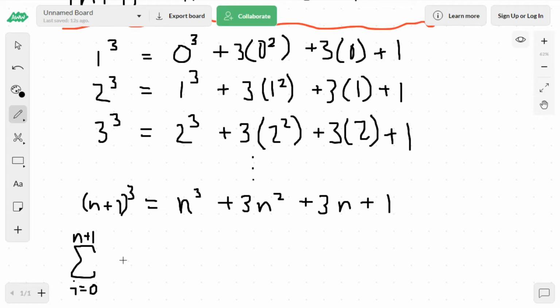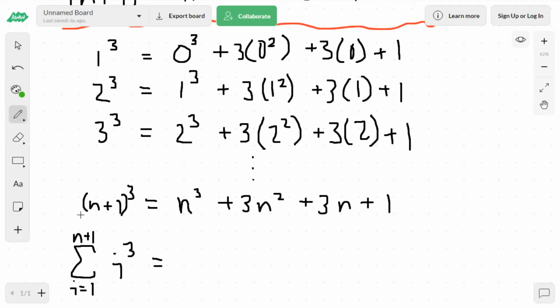Okay, so we'll have i cubed. Basically that's what we're looking at, right? i goes from 0, or more like 1, I guess. I would feel better about using 1 for this one. Oh, there's the eraser. We're going to need a smaller one. Okay. So i is going to start at 1. It's going to go all the way to n plus 1.